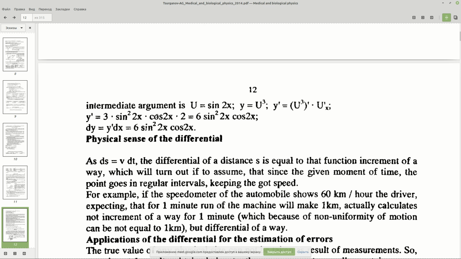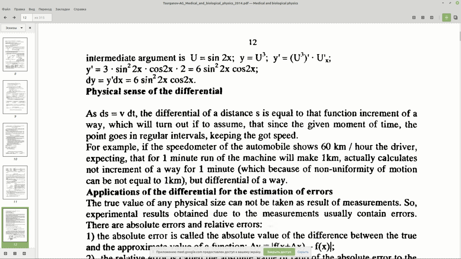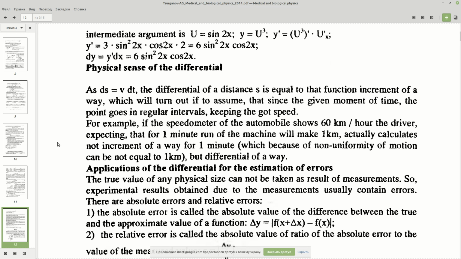The physical sense of the differential: ds equals v multiplied by dt. The differential of a distance s is equal to the increment of the path which would result if the point kept its speed from a given moment of time, moving uniformly.